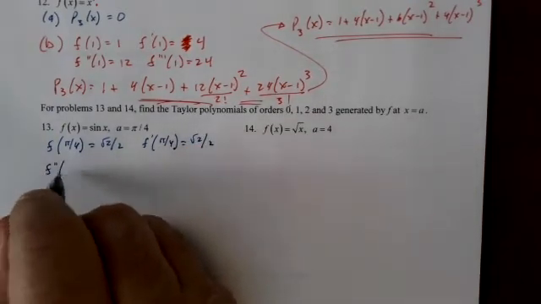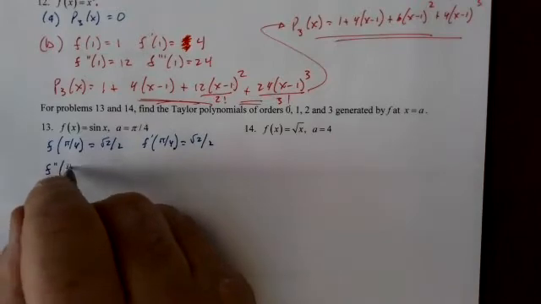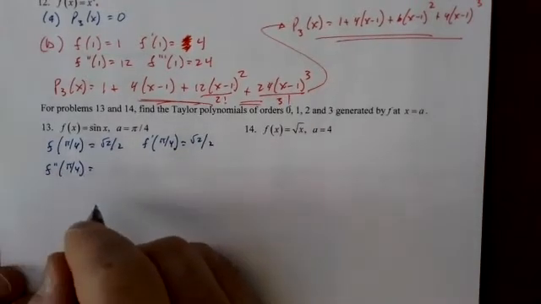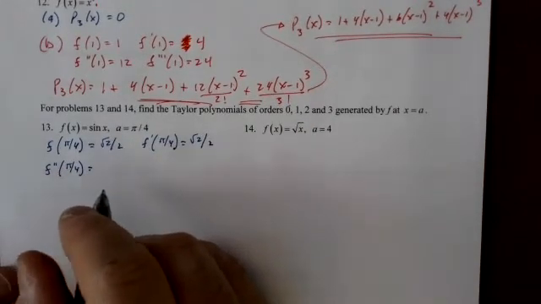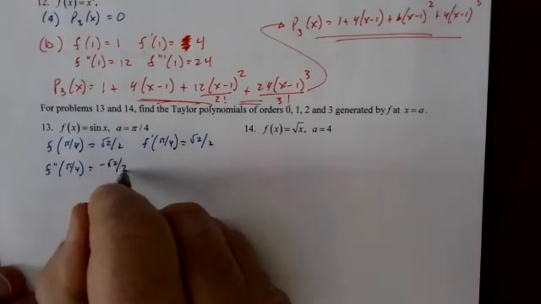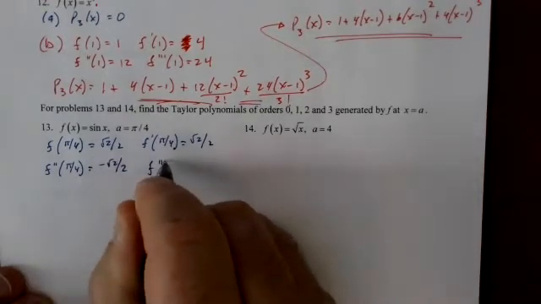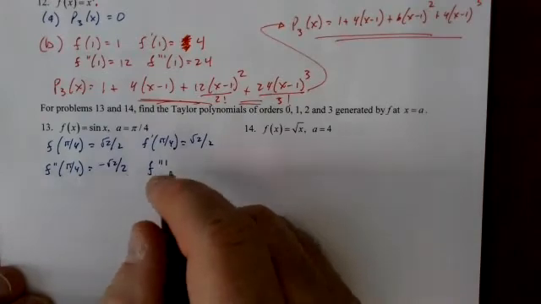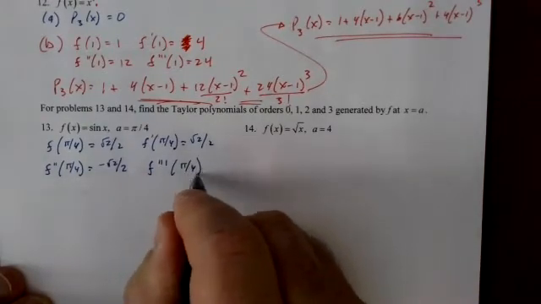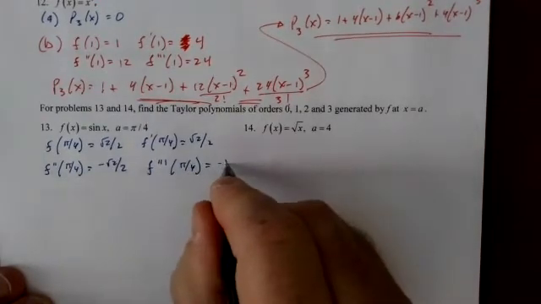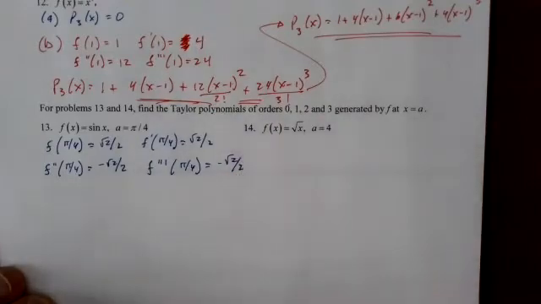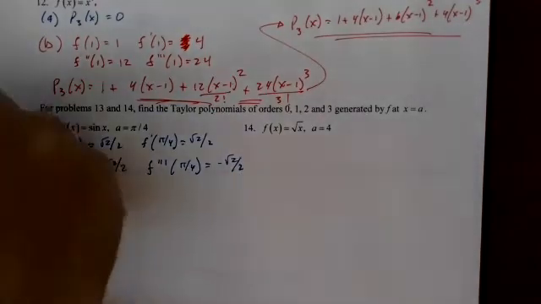F double prime of pi over 4, I think we've done this before, equals negative root 2 over 2. So we're going to have f triple prime of pi over 4 equals negative root 2 over 2. And off we go.